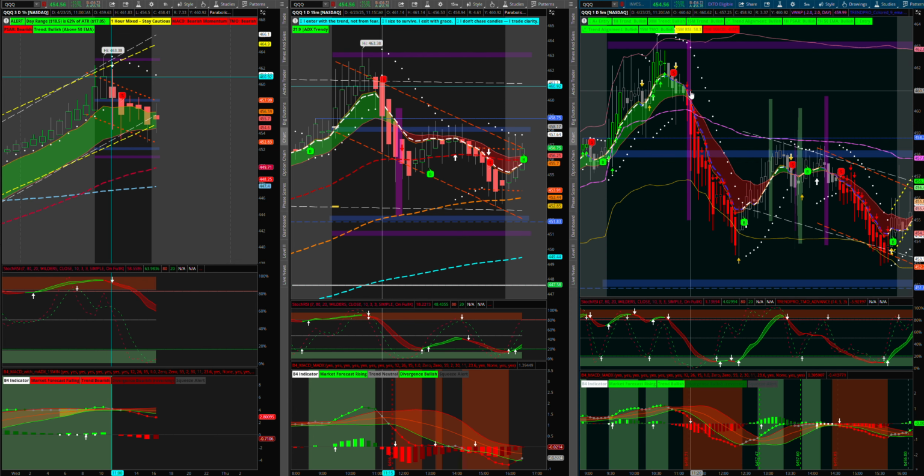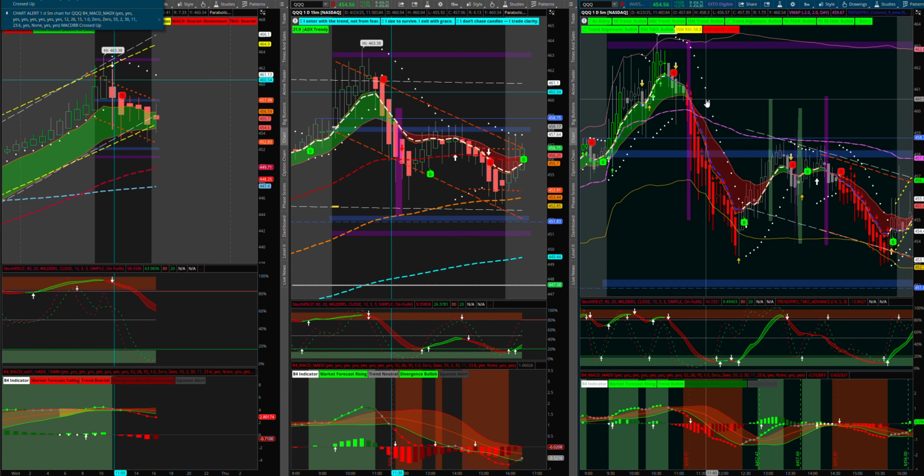At that moment, the parabolic on your 1 hour at 11 o'clock flipped bearish. The TMO also flipped. If you're using the RSI, you went below the midline at 11 on your 1 hour. Also on your 15 minutes below the zero line or midline.